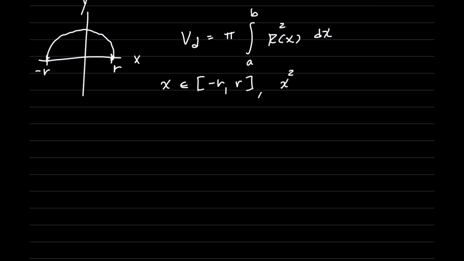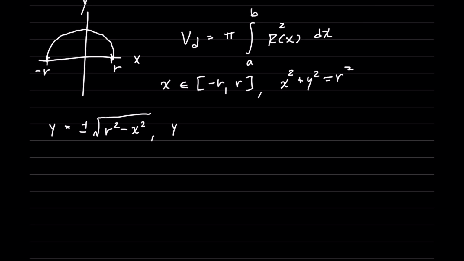that x squared plus y squared equals r squared defines a circle with radius r. So from here we could solve for y. We'll get y equals plus or minus the square root of r squared minus x squared. But because our circle is located in the upper half plane, we'll just use the positive root.